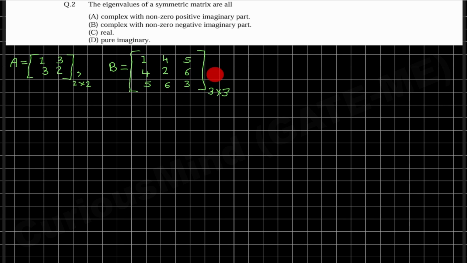So it's a third order symmetric matrix. But we do not need a third order symmetric matrix for our verification approach method, so we will just remove it.